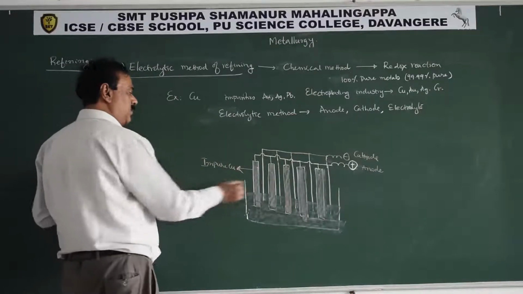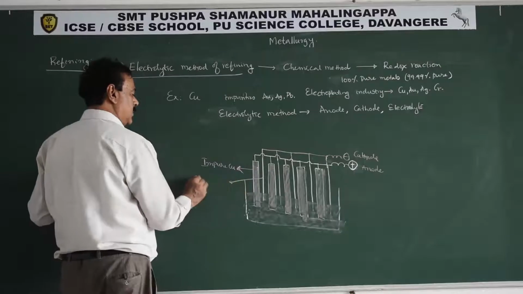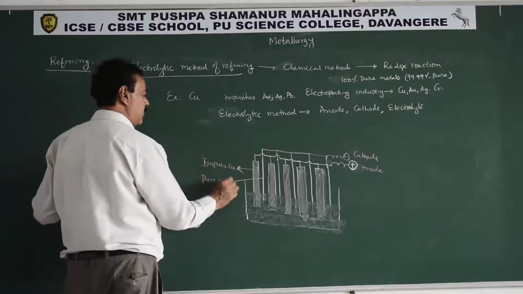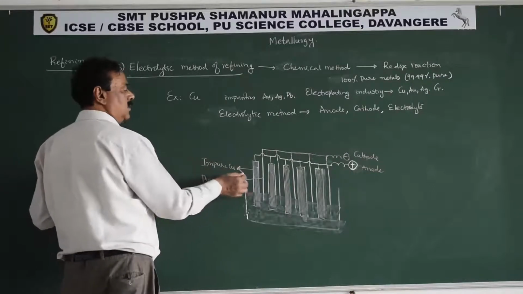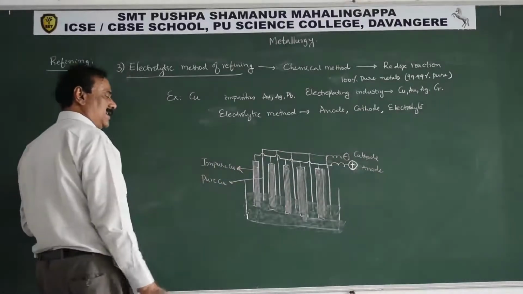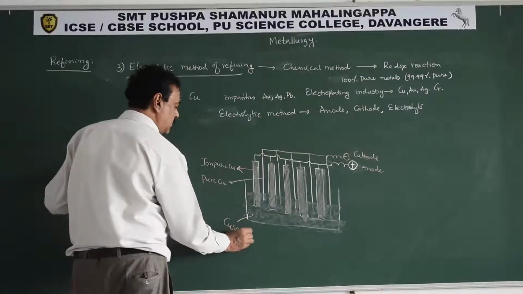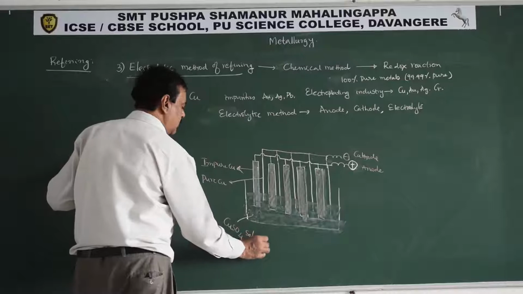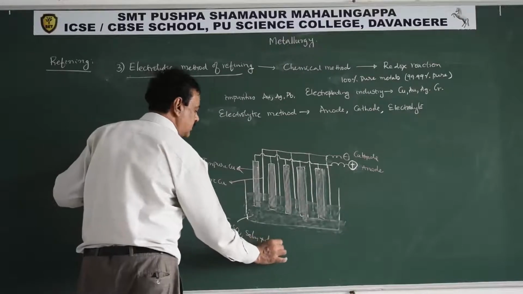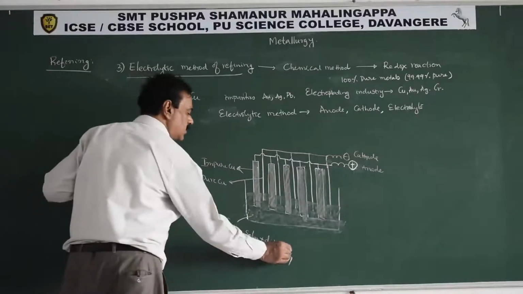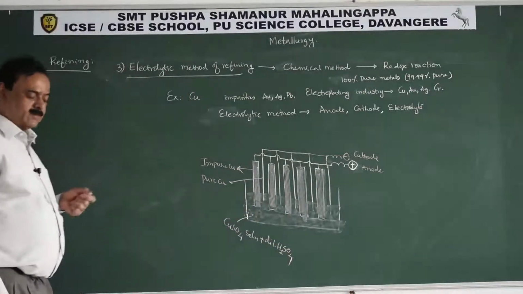The thin sheet is the pure copper. This acts as a cathode of an electrolytic cell, and this is dilute copper sulfate solution plus dilute sulfuric acid solution.